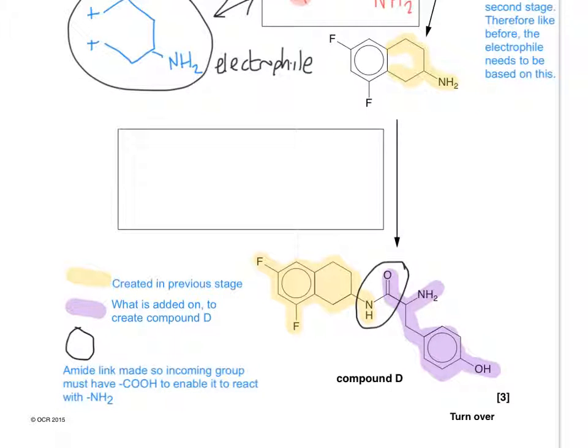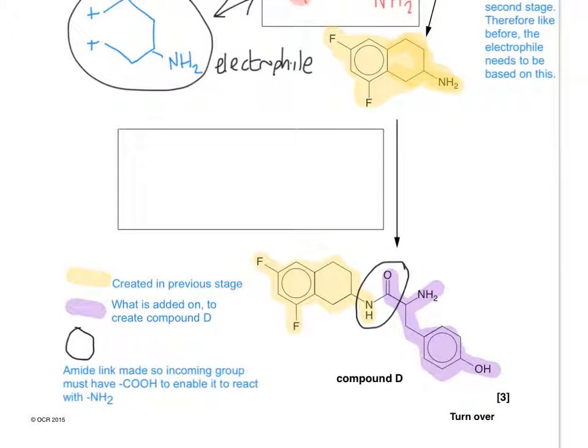So highlighted in yellow is what we created in the previous stage. So in other words, I'm just going to highlight what I'm talking about here. And in purple is the group that's actually reacted with that.